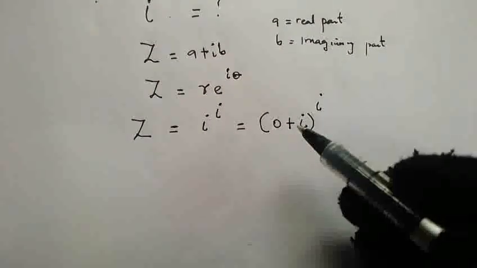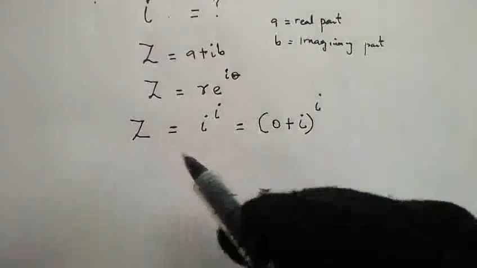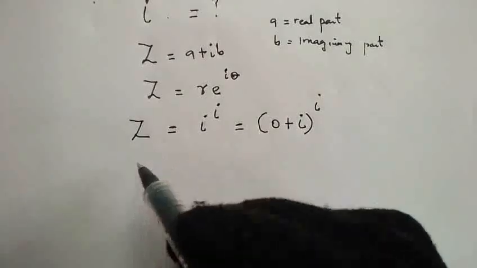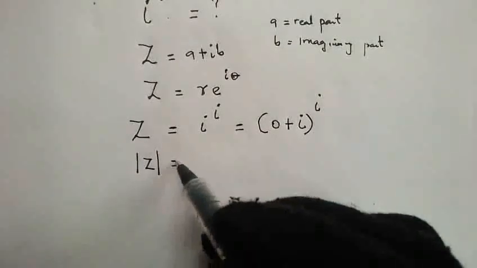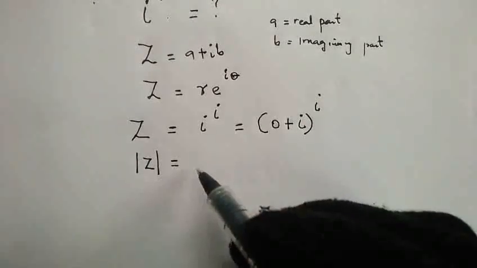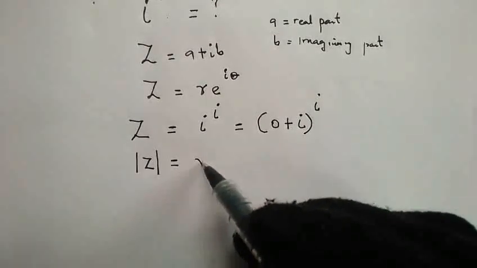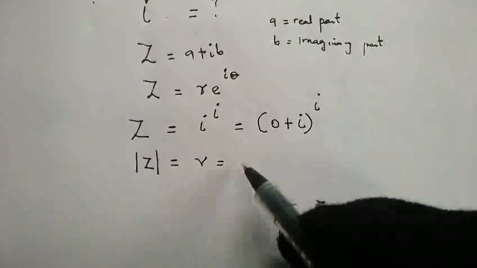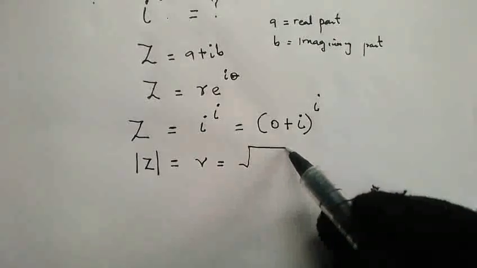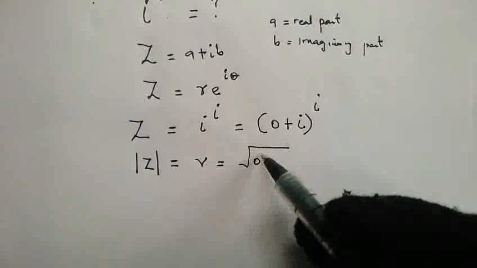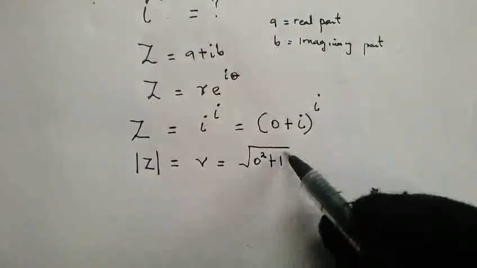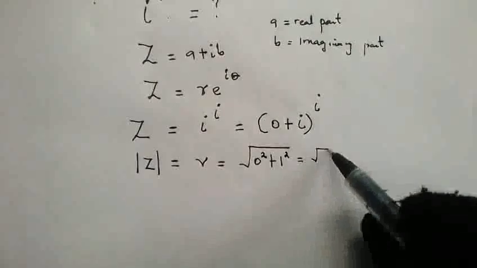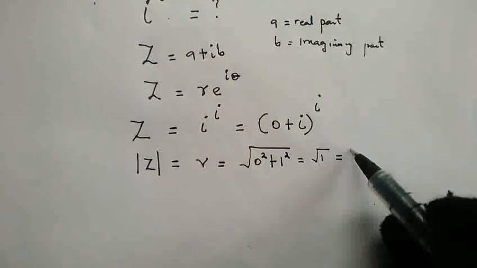So we're going to find the modulus of z. Our modulus here is equal to r, and that is equal to the square root of a squared, which is 0 squared, plus b squared, which is 1 squared. This is equal to the square root of 1, and this is equal to 1.